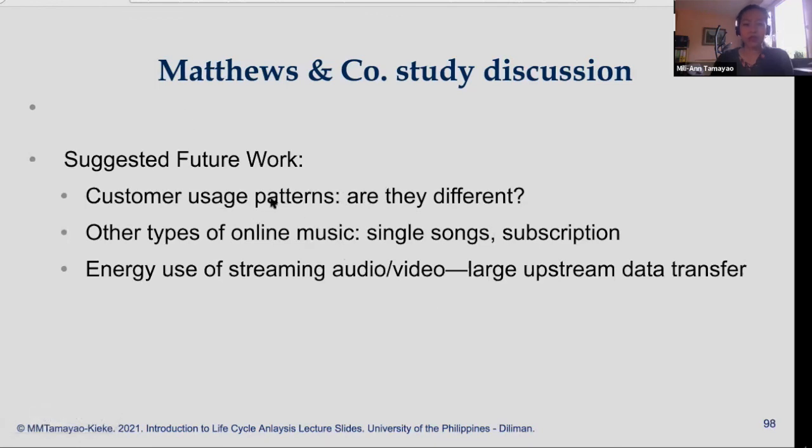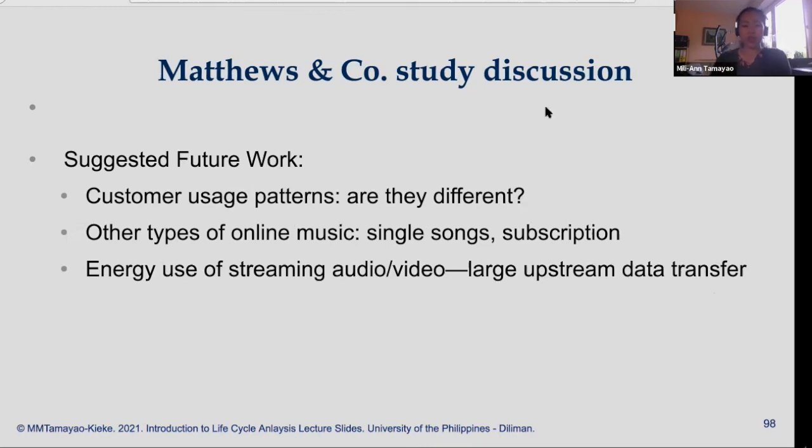There was also a discussion on suggested future work. For example, are customer usage patterns different? Other types of online music like single songs or subscriptions, and the energy use of streaming audio or video, which entails large upstream data transfer.